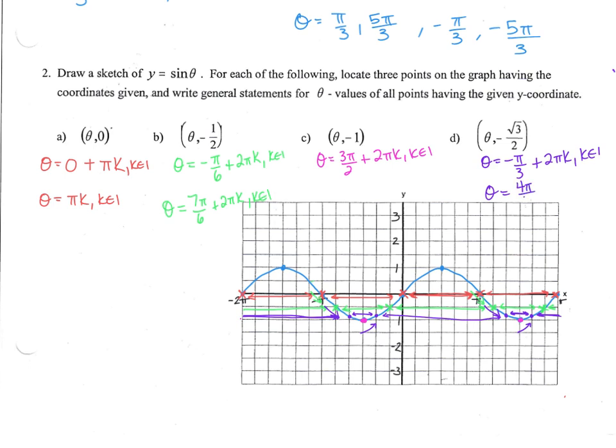So that's going to be 4π/3 plus 2πk. K is an element of integers. So again, I was using my information of when is my curve rising to that y value and when is it falling to that y value to help me to identify the difference of my statements and where they would then repeat at regular intervals.